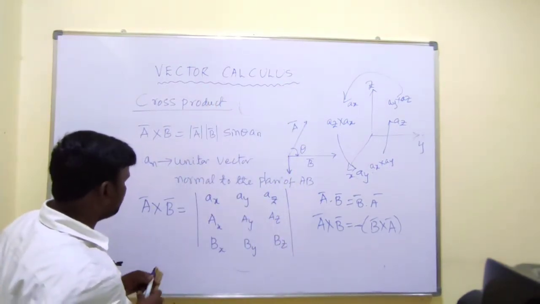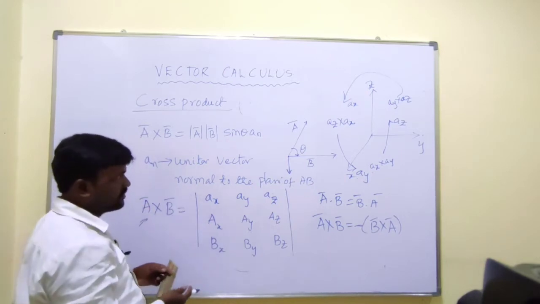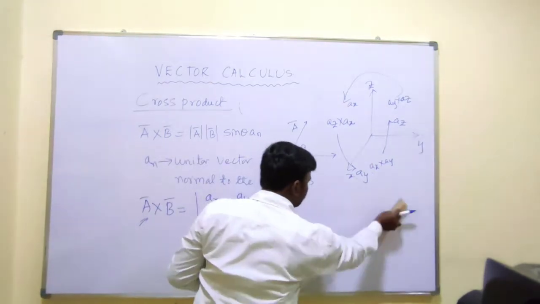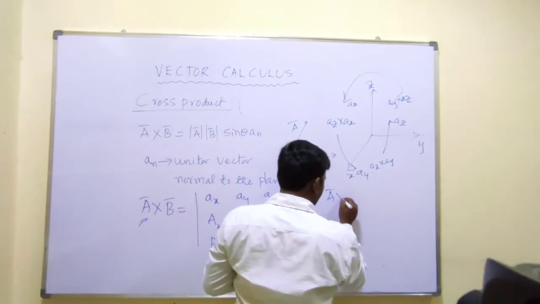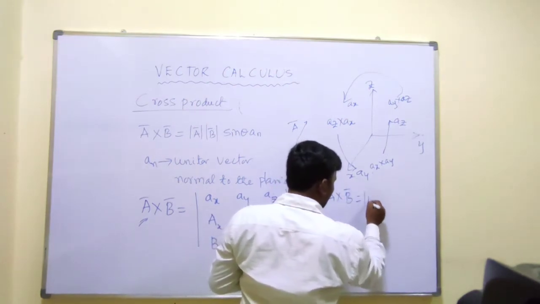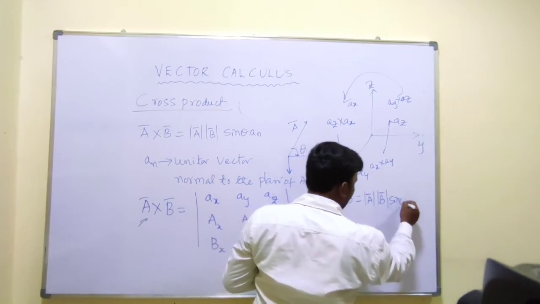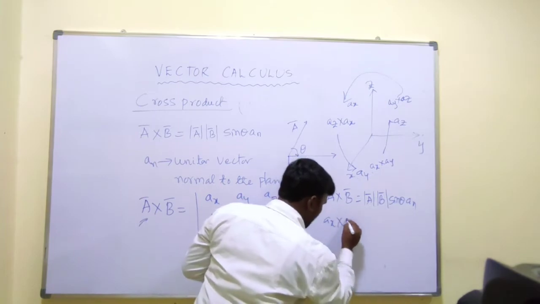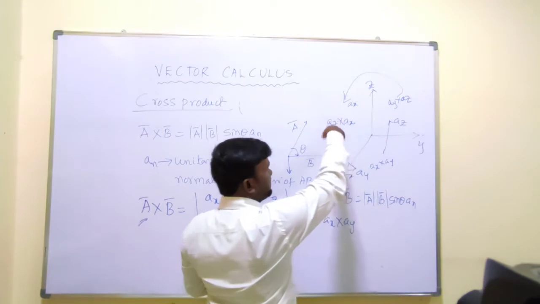Of course, we can write vectors A and B, take the cross product and apply this formula. A bar cross B bar is nothing but mod A mod B sin theta an. Let us take this case, Ax cross Ay, and simplify this one. Of course, you can verify for Ay cross Az and Az cross Ax.